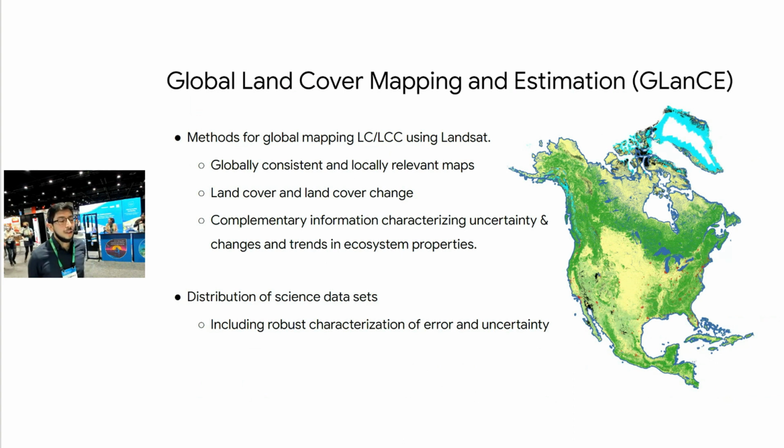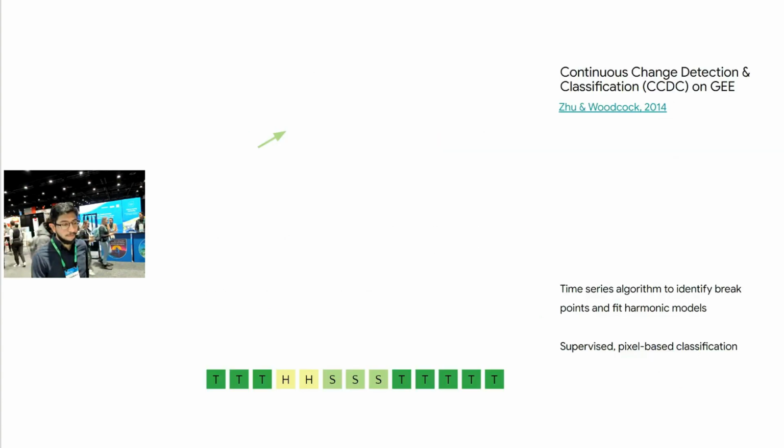This project aims to provide globally consistent but locally relevant maps. Complementary to this, we want to characterize uncertainty and changes and trends in ecosystem properties. We want to deliver this as science data sets through an LPDAAC and through Google Earth Engine, and I'll talk more about that later.